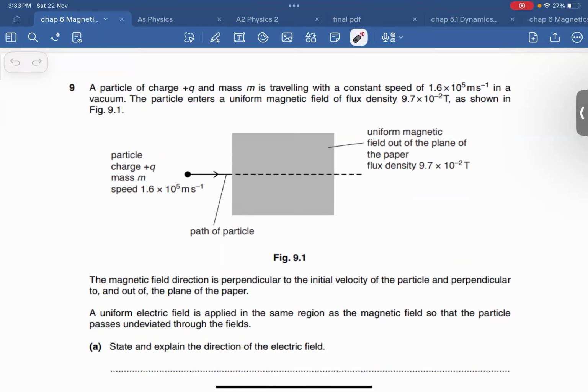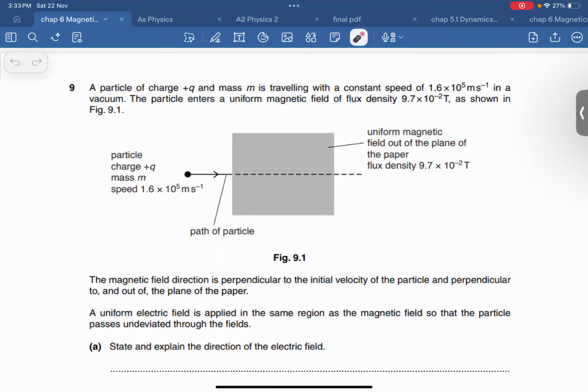Okay, sir. A particle of charge plus q and mass m is traveling with a constant speed of 1.6 × 10^-5 meters per second in a vacuum. The charged particle enters a uniform magnetic field of flux density 9.7 × 10^-2 T, as shown in figure 9.1.